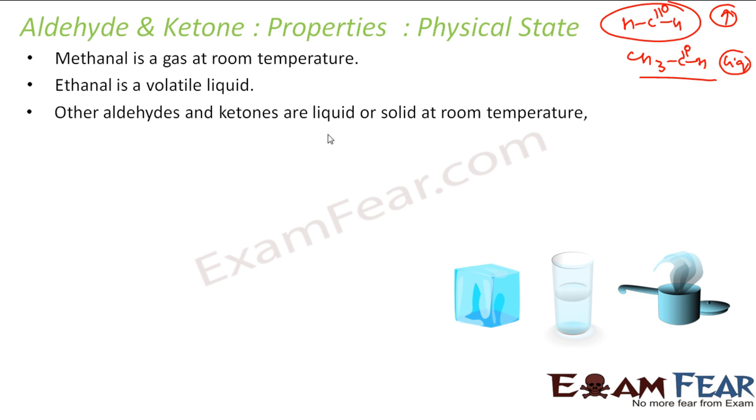And the other aldehydes and ketones which you have are solid. So the lower ones are generally gases, the middle ones are liquids, and the higher ones are generally liquids and solids at room temperature. So that is the trend. The more molecular mass an aldehyde or ketone has, the higher is the chance for it to be a solid, right? So lower molecular mass aldehydes and ketones are generally gases.